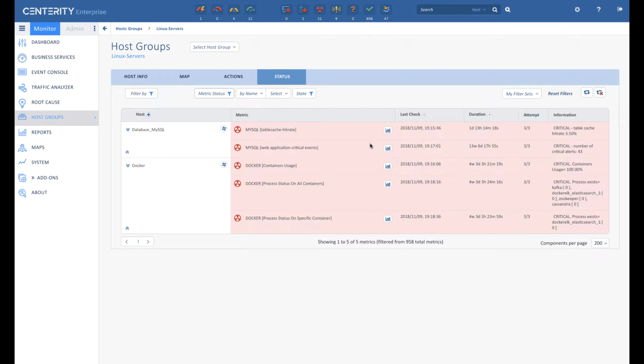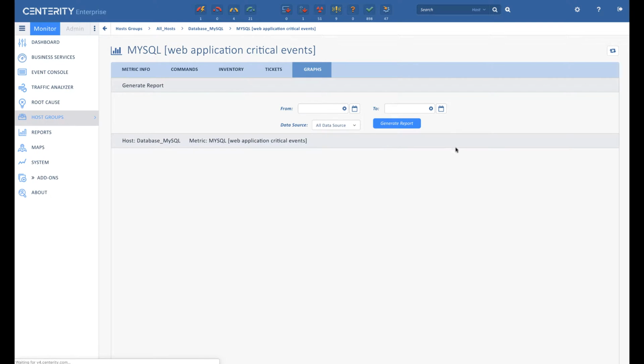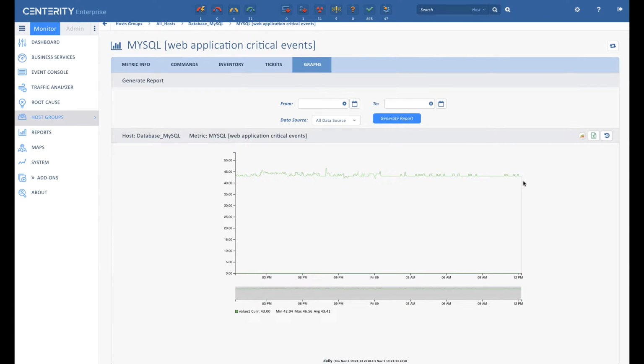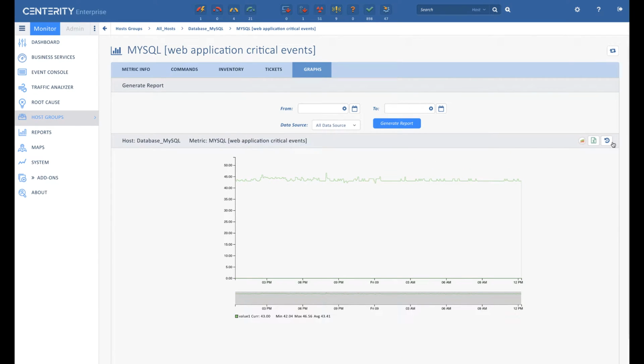So now I want to show you an example of a graph. Any metric in Centerity will have an automated graph created. Any numerical value will be graphed. In this example, we have the MySQL web application critical events, and we do have some ups and downs here.